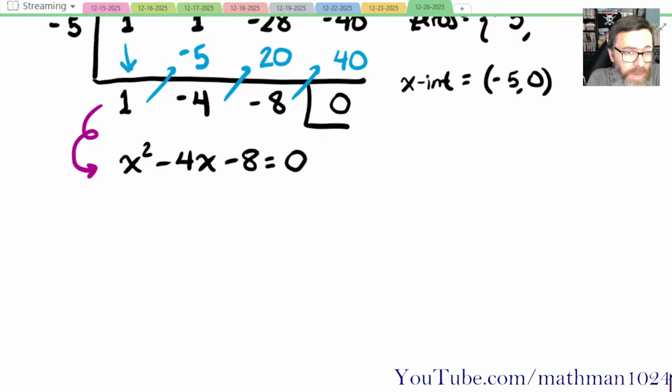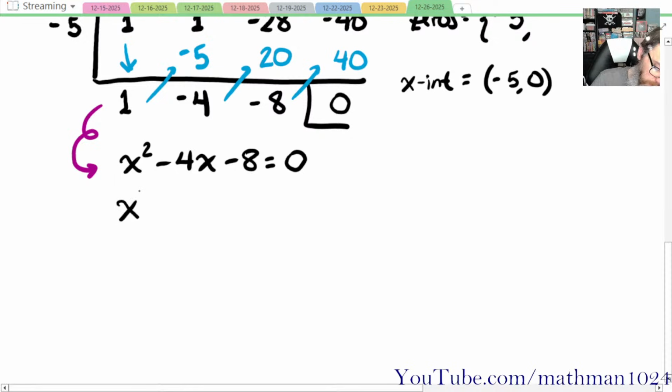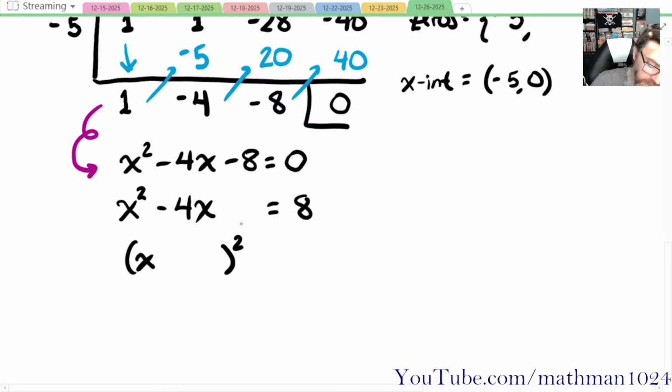What about completing the square? The lead coefficient is 1, which is good, and the middle coefficient is even. Even better. So let's do that. To complete the square, we will first move the 8 to the other side. And we're going to figure out how this is going to factor and then fill in the gap here. So to fill this in, let's start with the factorization.